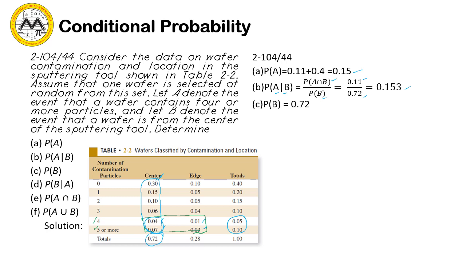For P of B, we have solved that already. P of B is 0.72. So that is the sum here.